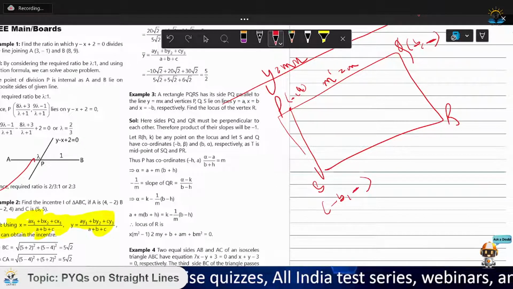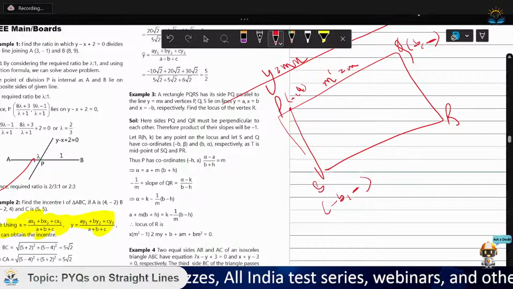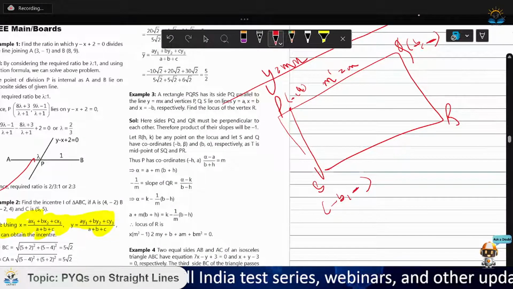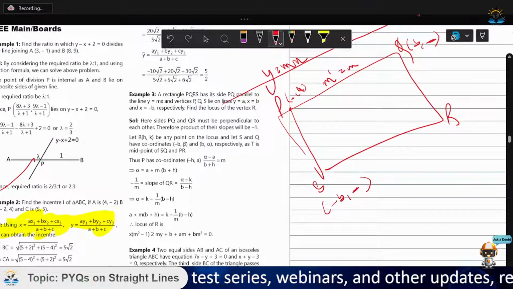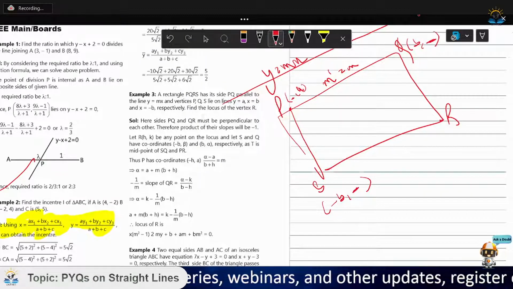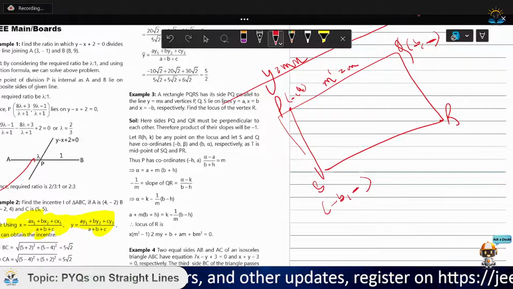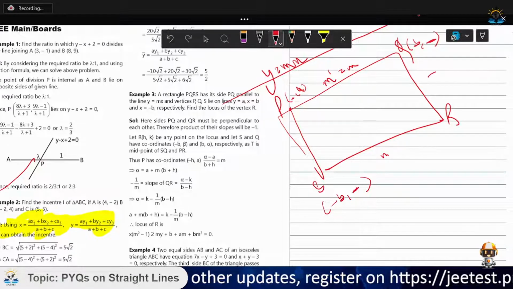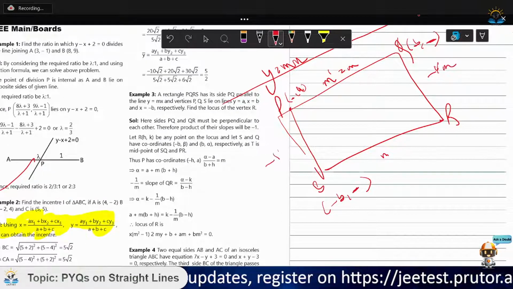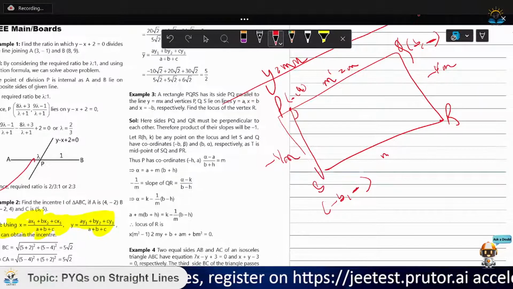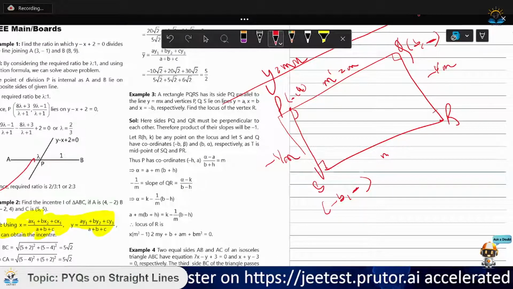One thing is known. Find the locus of the vertex R. If you know the slope of PQ is m, the slope of SR is also m, and this is minus 1 by m, because this is perpendicular, it is a rectangle, right?